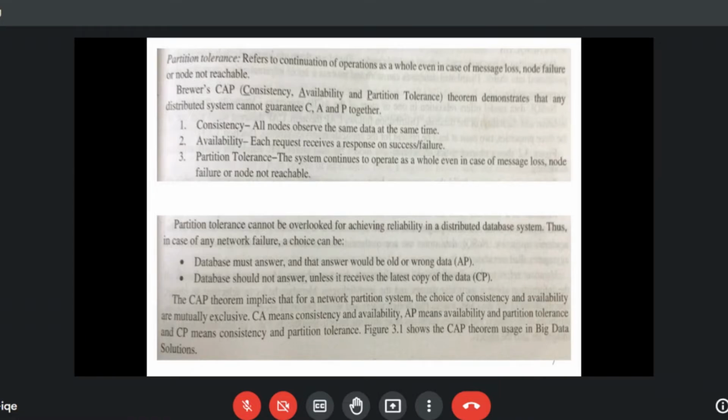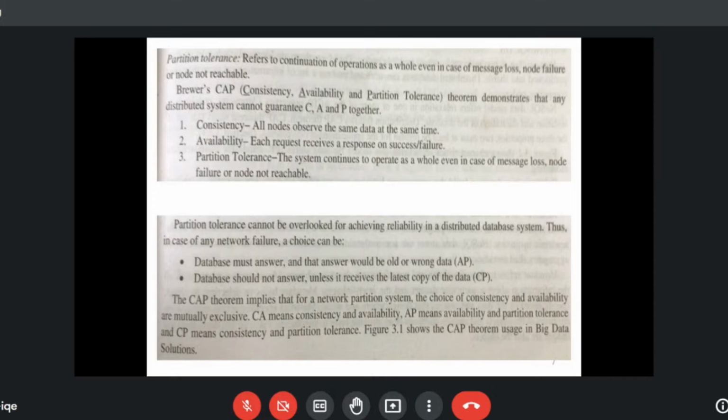Consistency: all nodes observe the same data at the same time. Availability: each request receives a response, on success or failure. Partition tolerance: the system continues to operate as a whole even in case of message loss, node failure, or node not reachable.